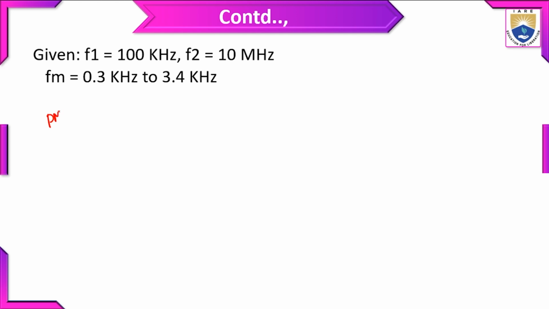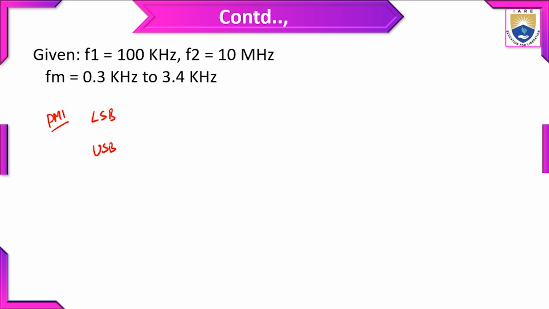PM1 is product modulator 1. The output of product modulator 1 consists of two sidebands, the lower sideband and the upper sideband. First we generate the DSB signal, and passing this DSB signal through a bandpass filter, we get the SSB signal.